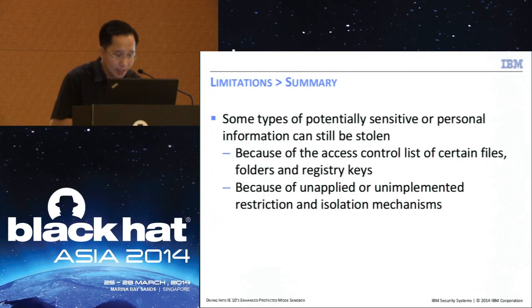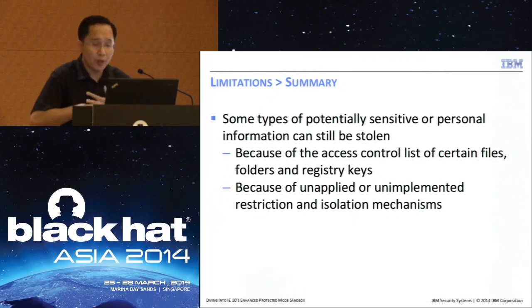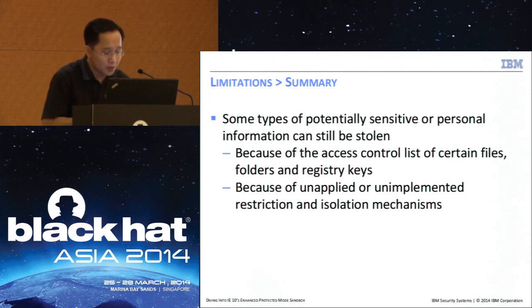So in summary, some types of potentially sensitive or personal information can still be stolen, either because of how the access control lists of those files, folders and registry keys are set up, or because EPM did not apply some of the well-known isolation or restriction schemes.